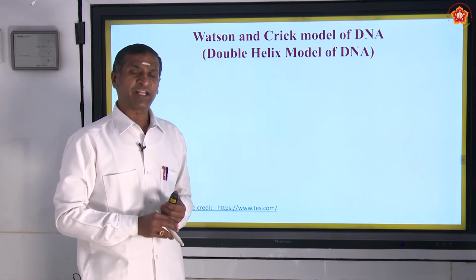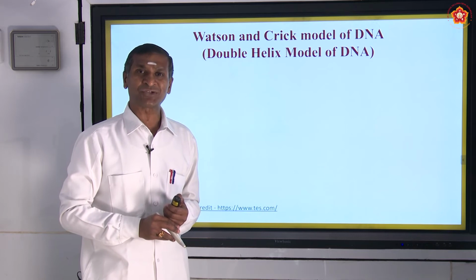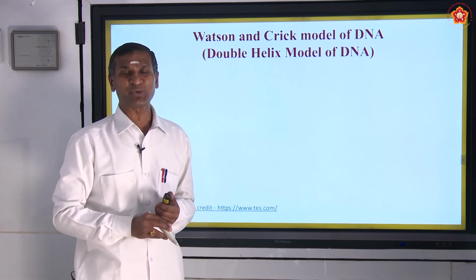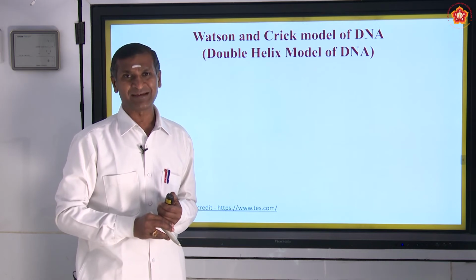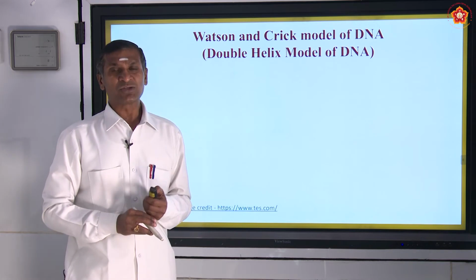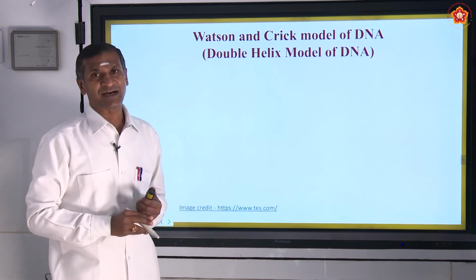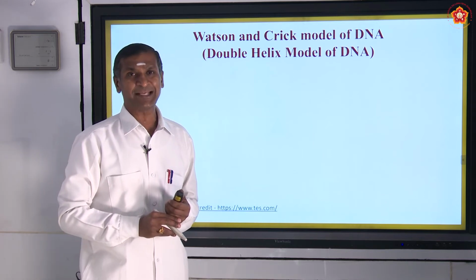DNA, as we already know, is a macromolecule. It has structural and functional units called nucleotides, many of them. Hence, it is a polynucleotide. So, a number of nucleotides combine together to form a DNA.